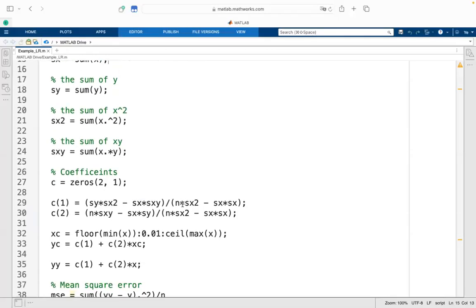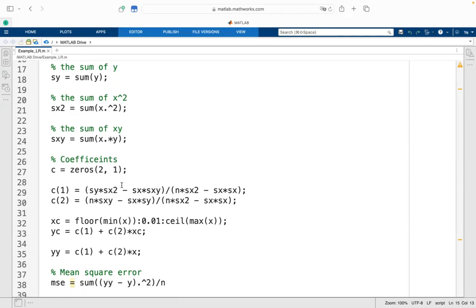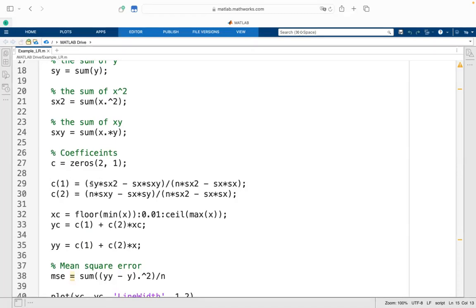Okay. So now we can calculate C1, C2. So here we define C equals 0, 2, comma 1, so a column vector with 2 rows and 1 column. C1 equals Sx Sy times x squared minus Sx times Sy, then over n times x squared minus Sx times Sx. C2 is similar.